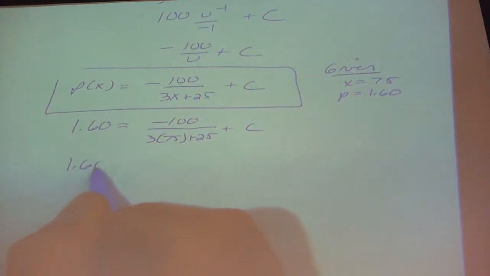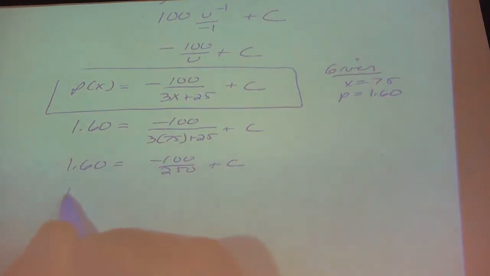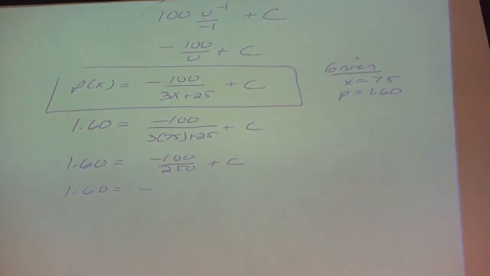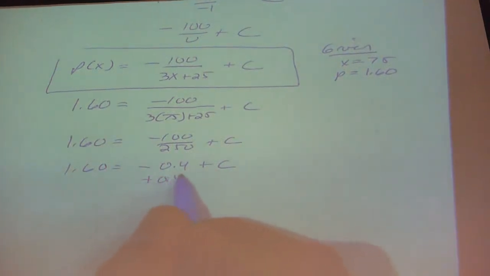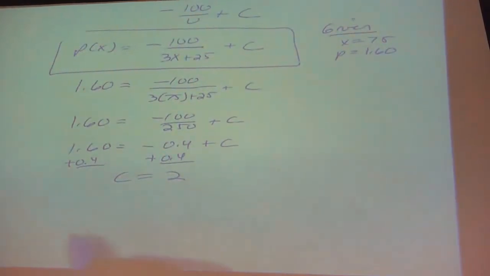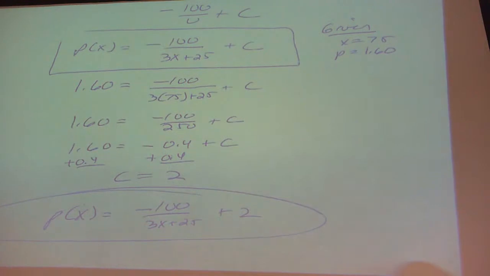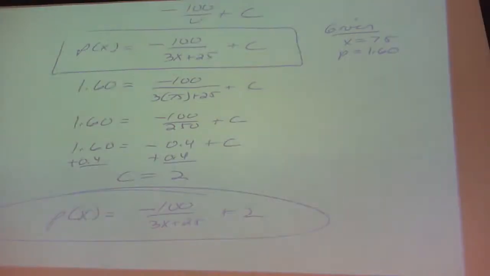So that would be $1.60 equals negative 100 over 250 plus c. That's $1.60 equals negative 0.4 plus c. Add 0.4, add 0.4, c equals 2. So my final answer is negative 100 over (3x plus 25) plus 2. Okay.